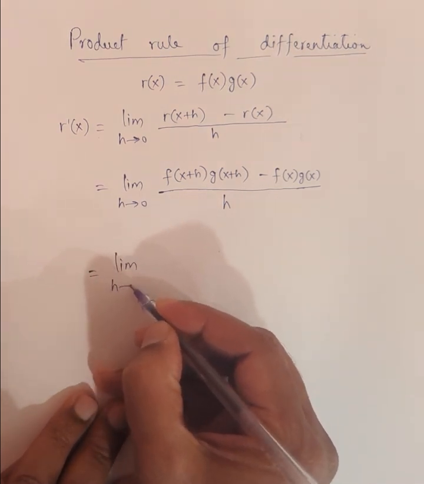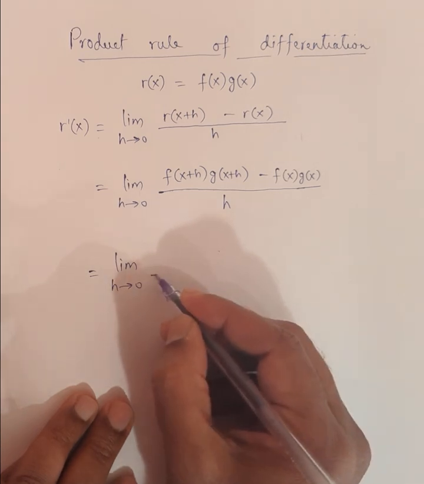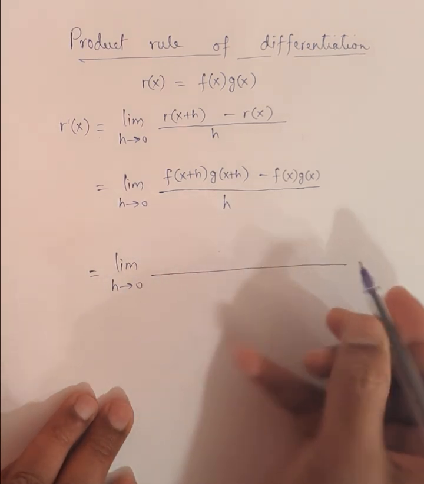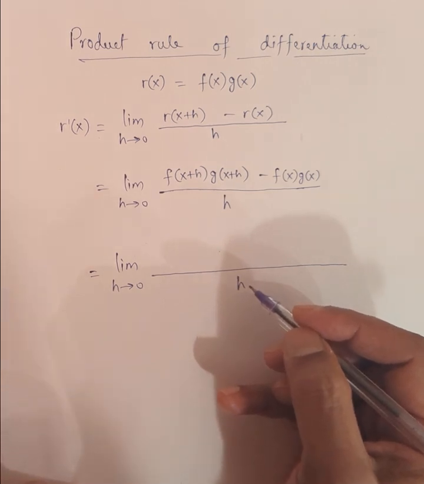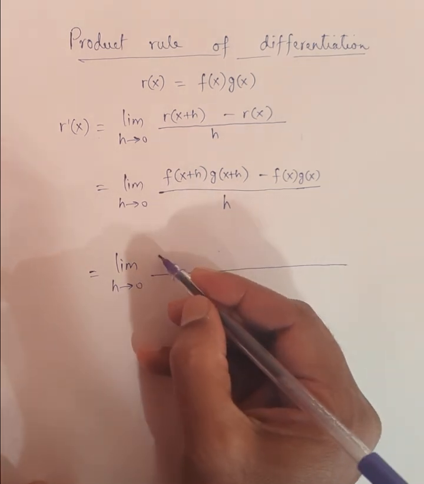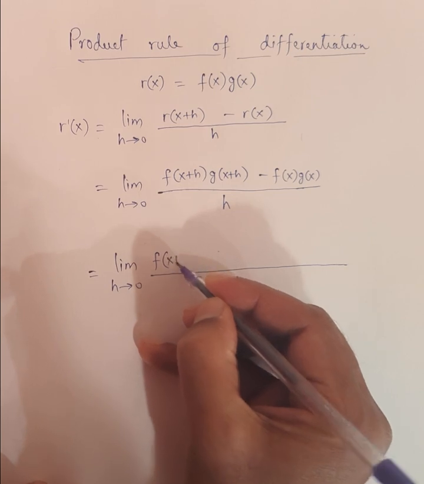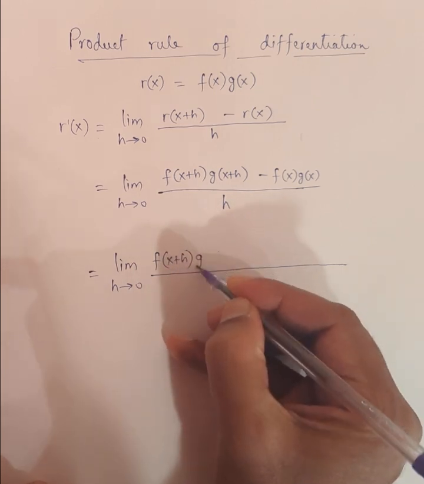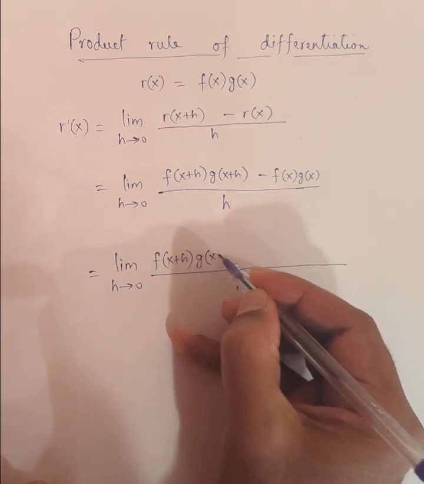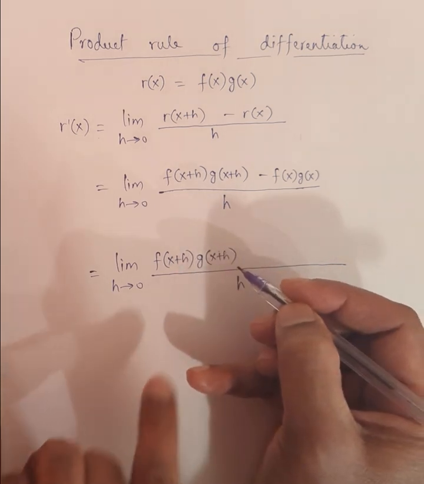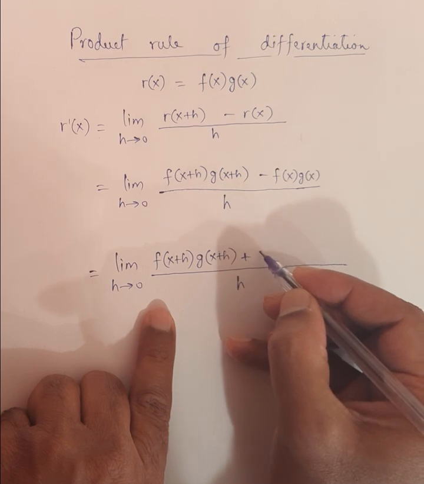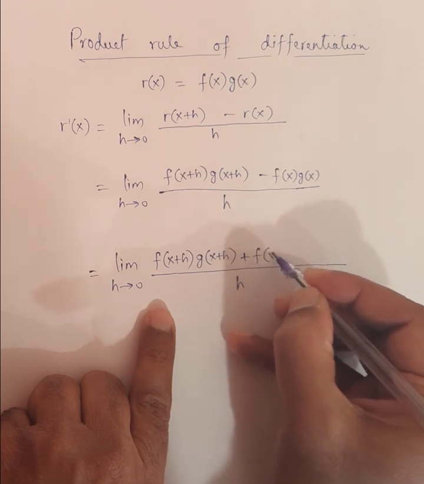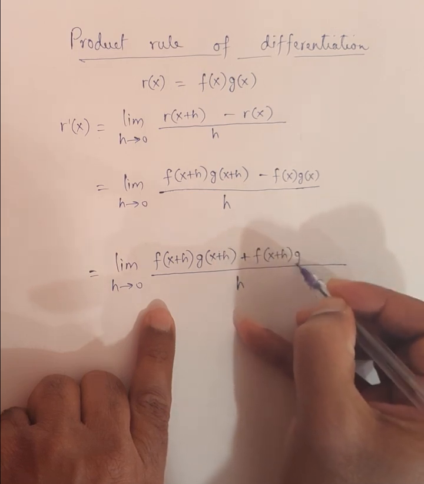Now notice, in the numerator I can add and subtract something. So let me rewrite my numerator. It's f of x plus h, g of x plus h, and let me add f of x plus h and g of x.